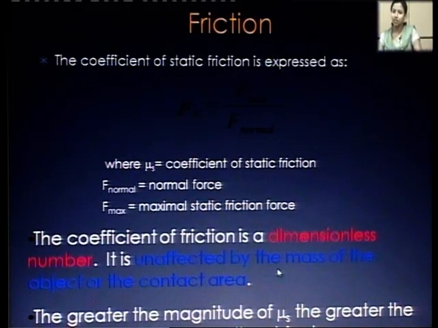It is unaffected by the mass of the object or the contact area. The greater the magnitude of mu s, the static friction coefficient, the greater the force necessary to move the object. So we require more force if the value of mu s is more.